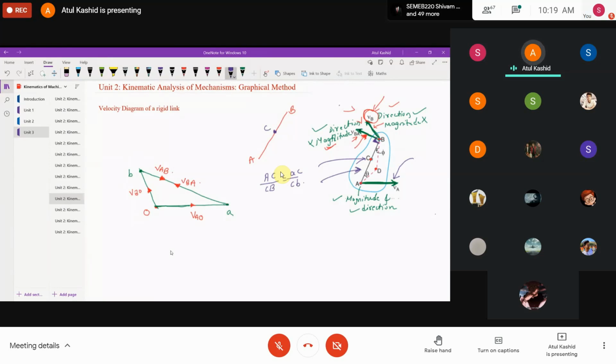So here what I've done, capital AC upon CB, that is equals to, in vector diagram, we are denoting it by the small letters. So it will be ac by cb. So here we can see in this diagram, the C is dividing the line AB, right? In the same ratio, in the velocity diagram also, c is going to divide the vector ab, right? So we have to write down this equation, a very simple equation, right?